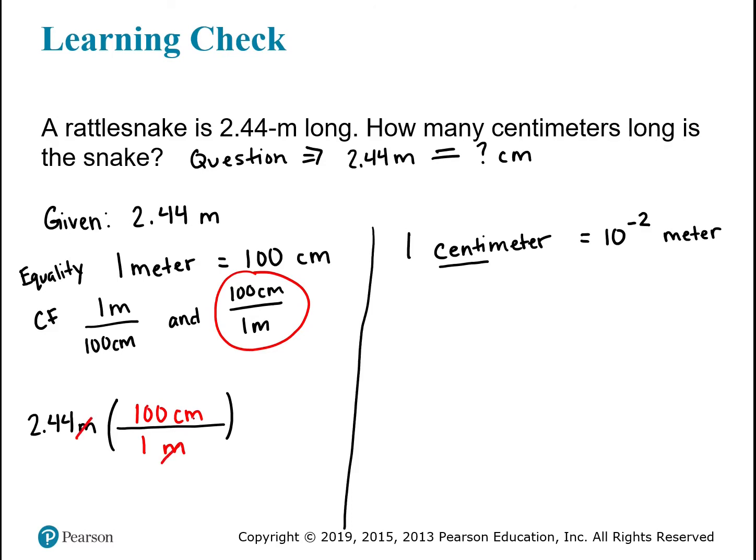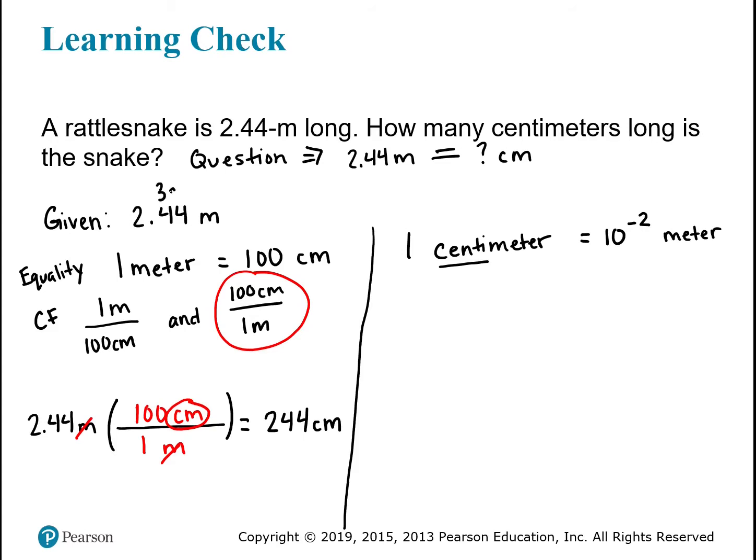Make sure your units cancel and you're left with the unit you want. We're good, so we can go through and do our calculation. You're doing 2.44 times 100 divided by 1. You should get 244 centimeters.